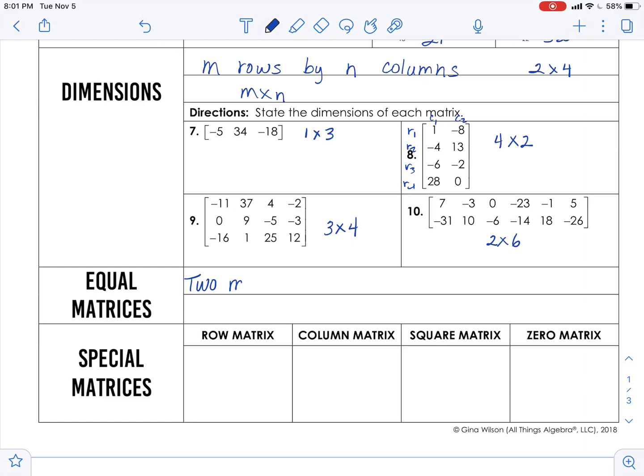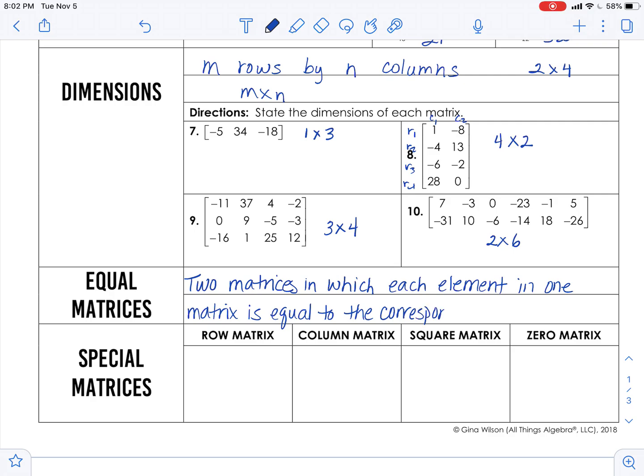So two matrices in which each element in one matrix is equal to the corresponding element in the other matrix. Ran out of room here. Okay.